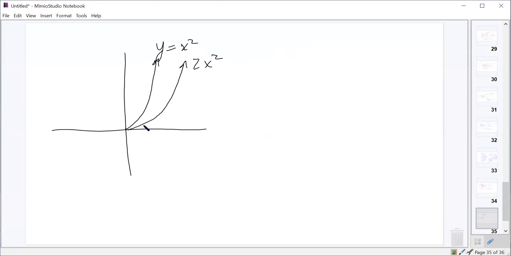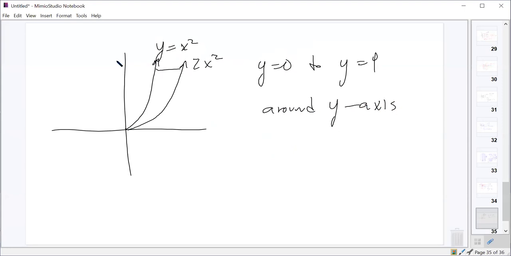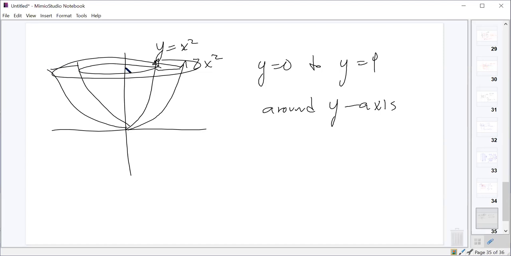Both of those are parabolas, but we're going to take the region between them from y equals 0 to y equals 4, and revolve it around the y-axis. If we were to do that, we're going to end up with a 3-dimensional, I don't know, bowl-looking type thing here.